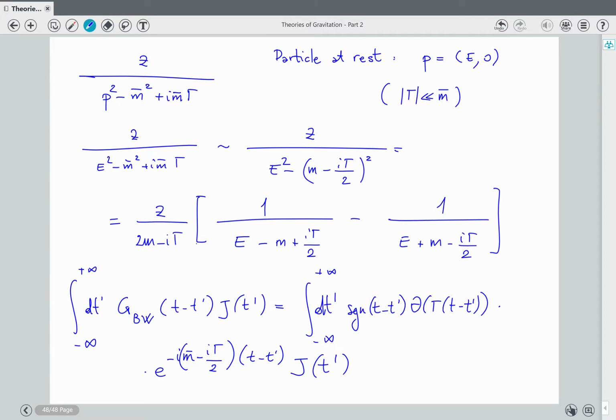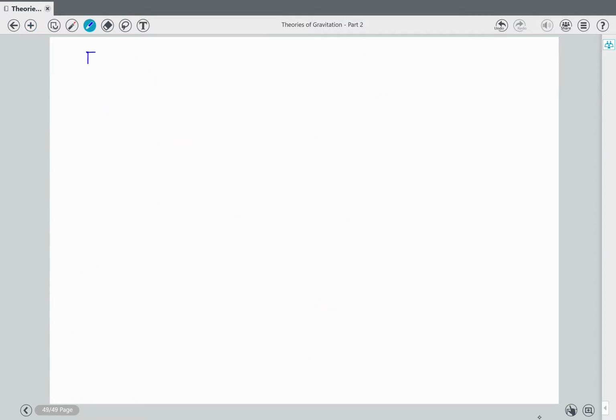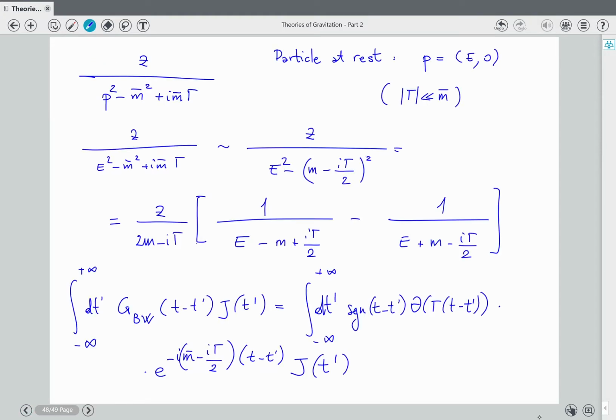So we have two cases. One is when gamma is positive and one when gamma is negative. When gamma is positive, theta of gamma (t minus t prime) is theta of (t minus t prime). That means that t prime is smaller than t.